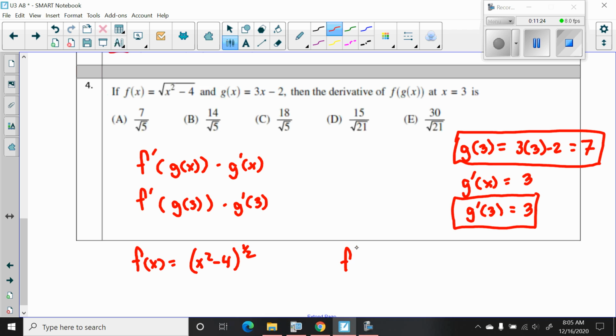So its derivative would be 1/2 times x squared minus 4 to the negative 1/2 times the derivative of the inside, which is 2x. So cleaning this up, this would just be 1/2 and 2x over the square root of x squared minus 4.